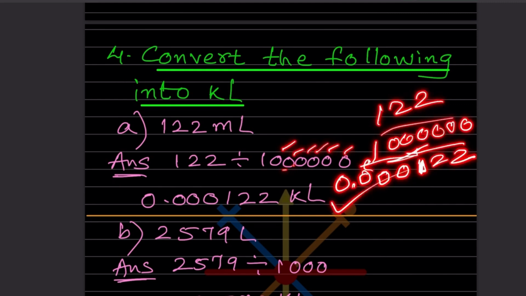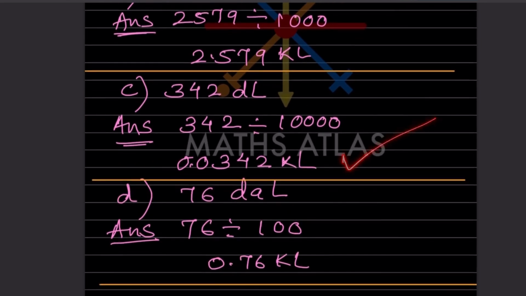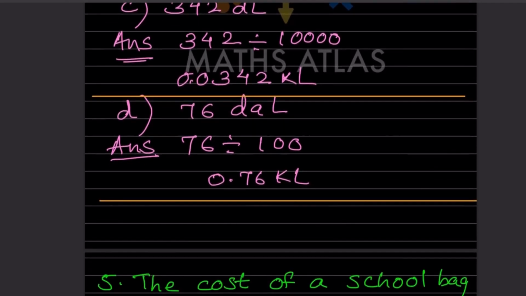So this is kiloliter. Again here the same, you are going to divide by 1000. If you don't know the table, you won't be able to convert. So the table is very important. In the start I showed you that table. And how to put the point, you can also see in my previous video, where I have explained in detail.